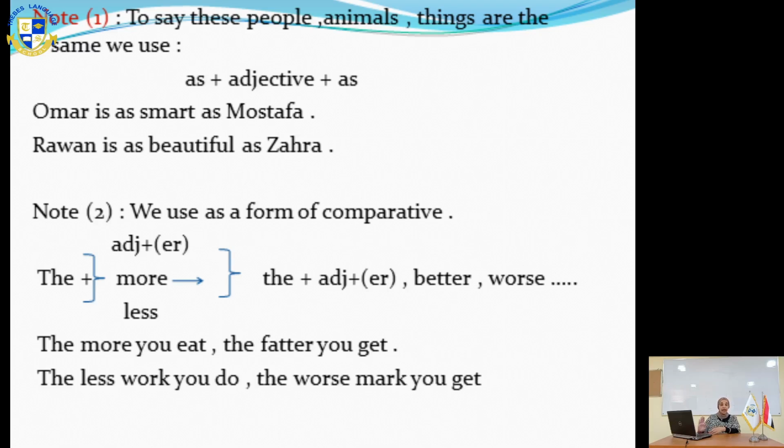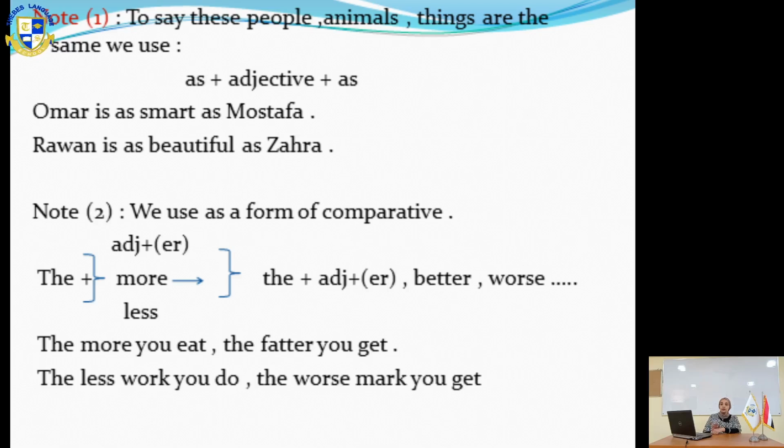We have to use as, and we put the adjective in the middle. So when I say, Ahmed is as clever as Ali, it means that both of them are clever. No one is better than the other. Rowan is as beautiful as Zahra. Both of them are beautiful.